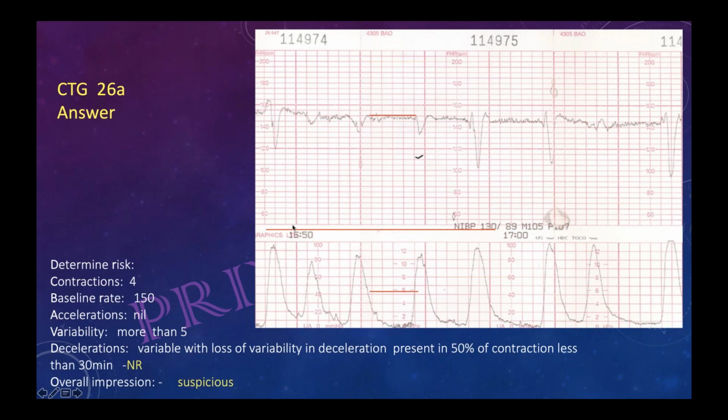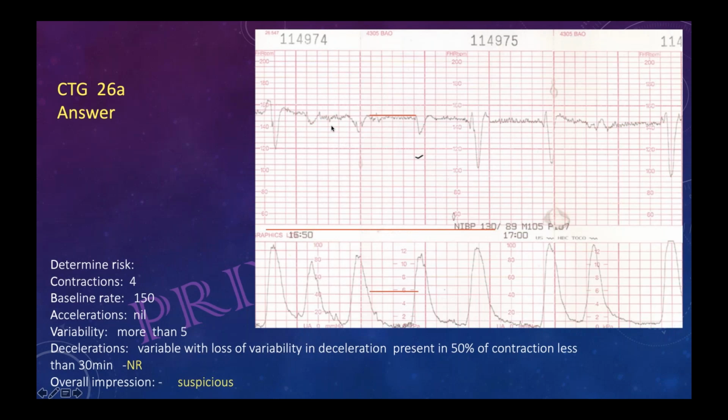But right now, Dr. Priyata, these decelerations are exactly coinciding with these contractions. Yeah, they are coming with the peak. Yeah, you are right. But they vary in shape and size. In early decelerations, everything will appear the same. All decelerations will be the same type.